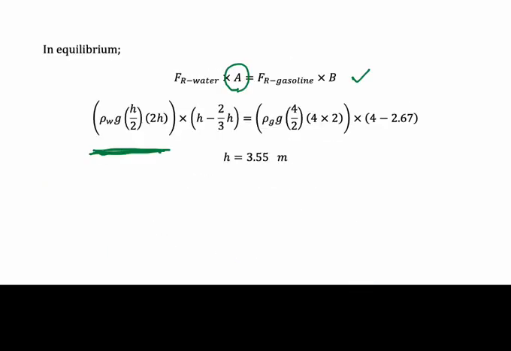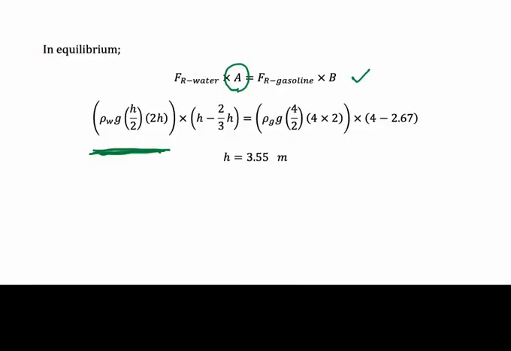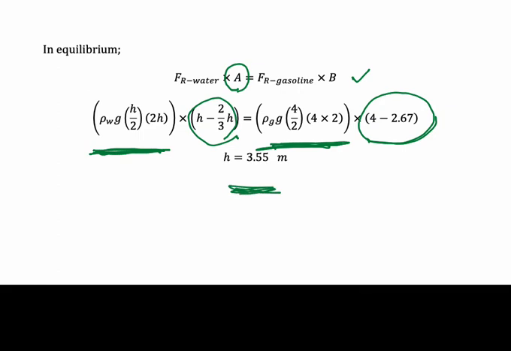That's why we write here H minus 2 over 3 H. And again, this is the value of resultant force for gasoline, and this is the distance B, 4 minus 2.67. If we calculate, we could get the height of H is 3.55 meter.